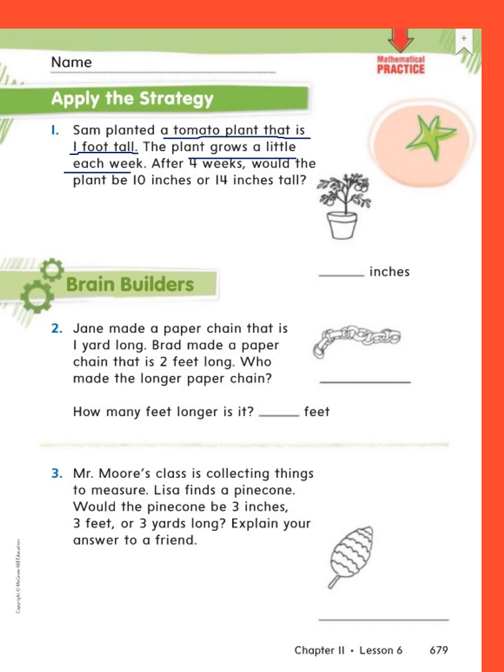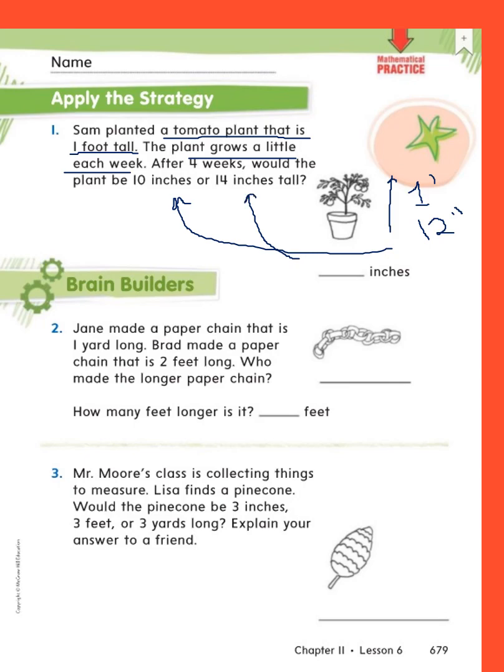But think about it. The plant is 1 foot tall. Well, what's 1 foot? How many inches is it? Good. It's 12 inches. After 4 weeks, would it be 10 inches or 14 inches tall?